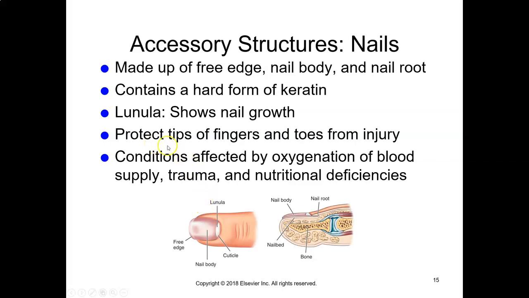Our nails protect the tips of our fingers and our toes from injury, and the conditions affected by oxygenation of blood supply, trauma, and nutritional deficiencies are noticed in our nail beds. Like I told you, if they're blue, then that's a blood supply issue, an oxygenation issue. So we have the nail body, the nail root, the nail bed, the bones in the nail, this free edge, the cuticle, and of course the lunula.